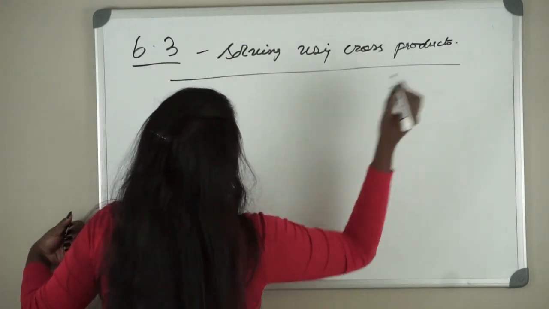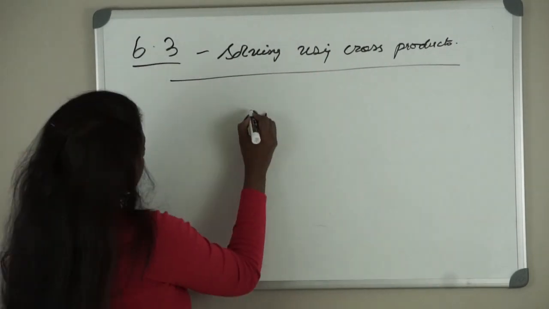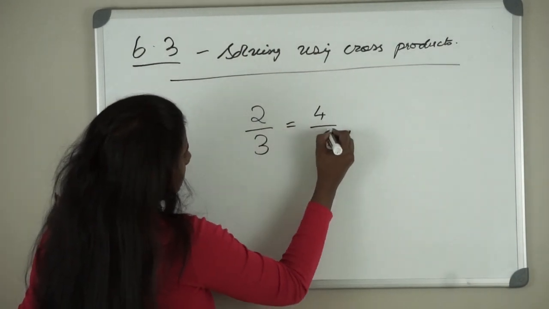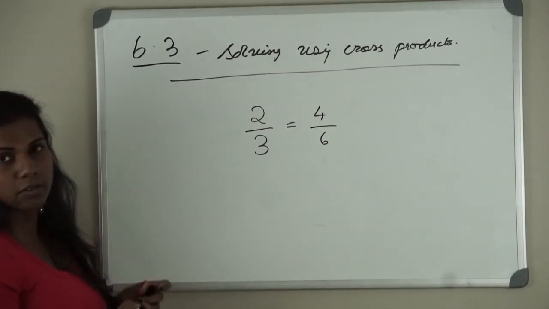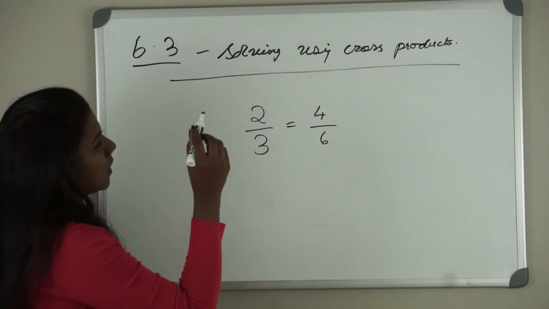So what is a cross product? So let's take an example of an equivalent ratio or proportion. So this is an equivalent ratio, correct? It's a proportion. So what is a cross product?